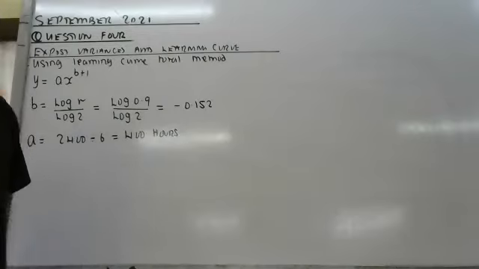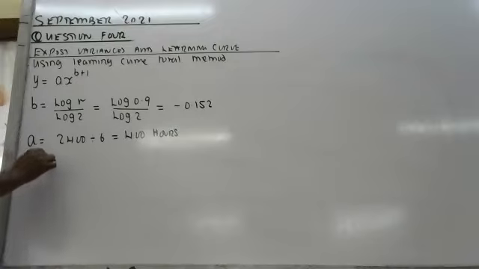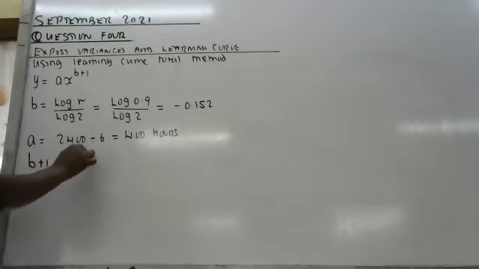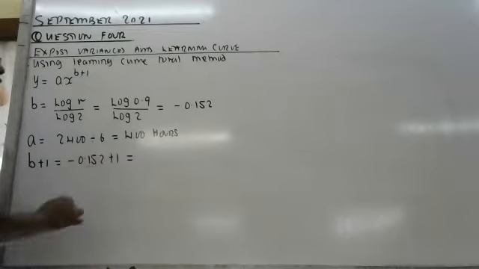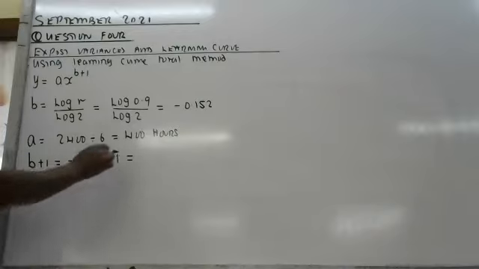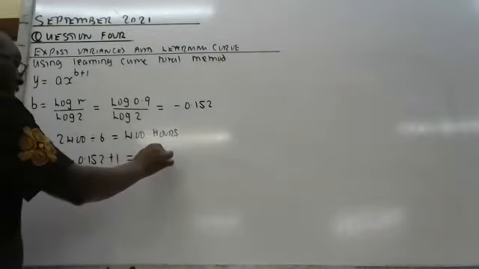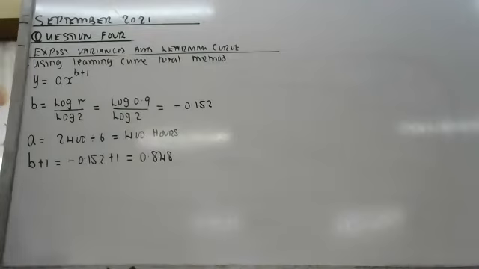And then the actual is also 6. So for the actual, b plus 1 is minus 0.152 plus 1. That gives us 0.848.